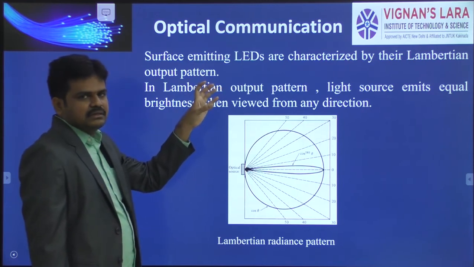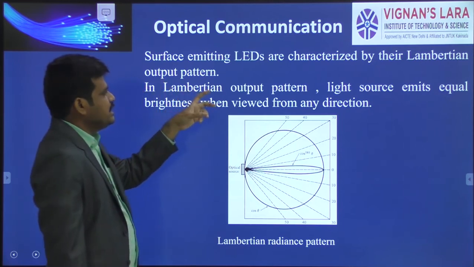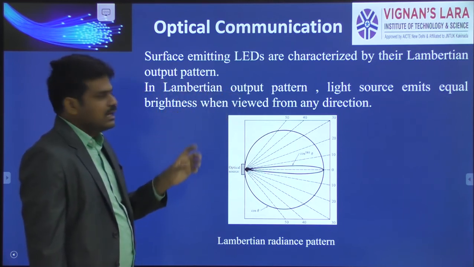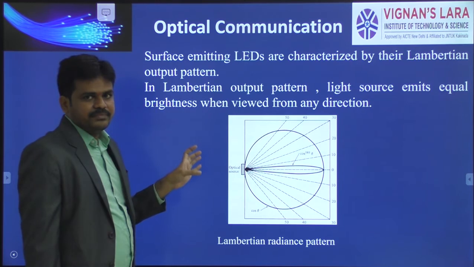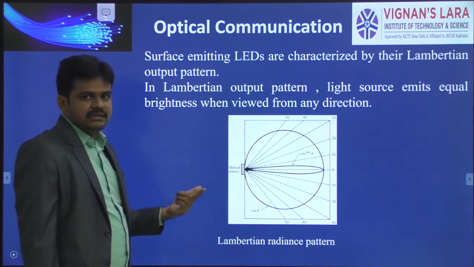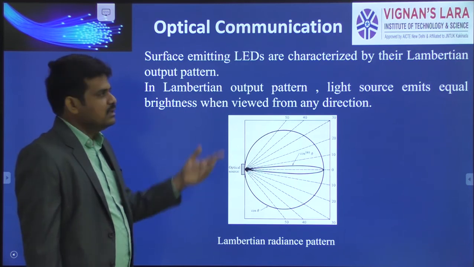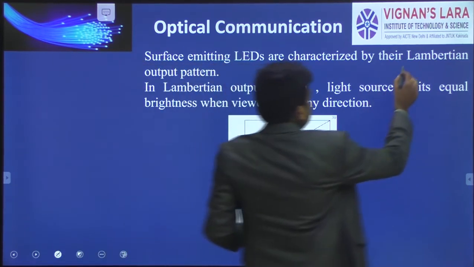We'll discuss about laser later. The surface emitting LEDs are characterized by their Lambertian output pattern. In the previous case it is emission pattern. The radiance also can be represented in Lambertian output pattern.